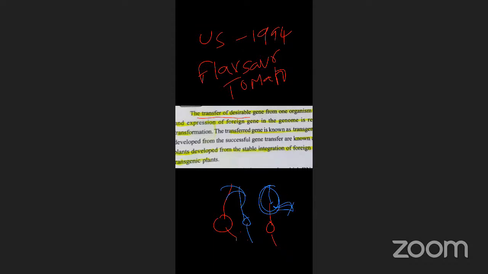This problem of gene transmission was overcome with the discovery of a new technique popularly known as recombinant DNA technique or recombinant DNA technology.